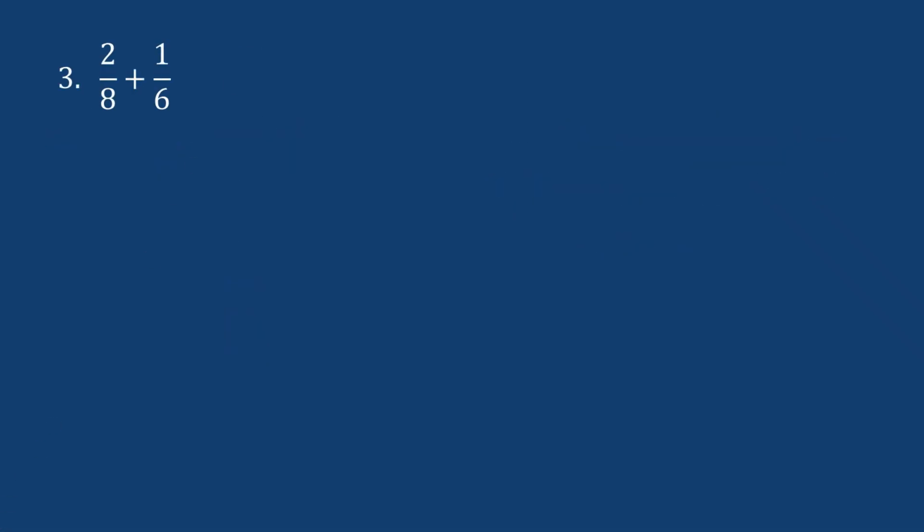Example number 3. 2 over 8 plus 1 over 6. Find the least common denominator. Sometimes we can mentally calculate the least common denominator. The least common denominator here is 24. But if you cannot mentally calculate it, find some of the multiples of the individual denominators.